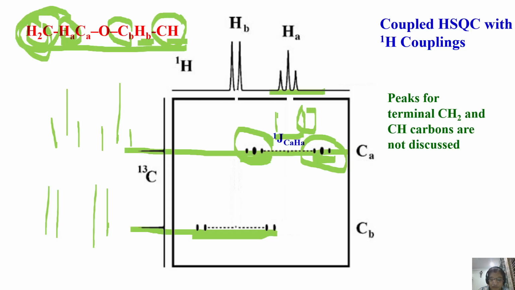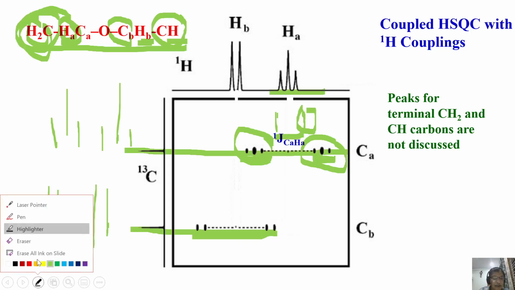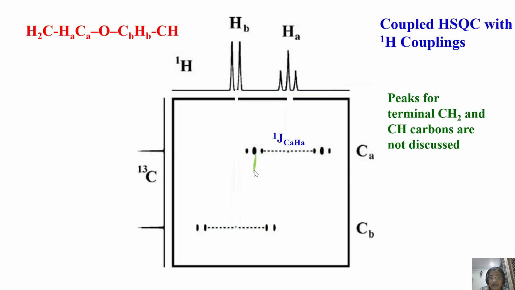Now this one, interestingly, the center of this to this center is going to give me the coupling between carbon and proton, this carbon to this proton, direct one bond coupling. Okay. Now, if I take the separation between this and this, what do I get? We get coupling between this proton and the CH2 protons. That's what we are going to see.